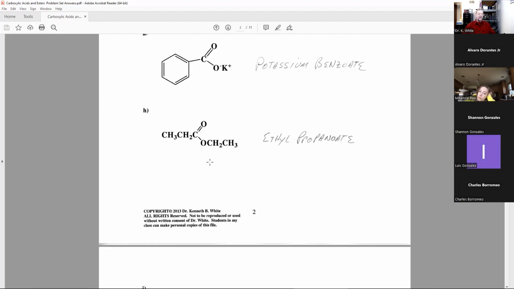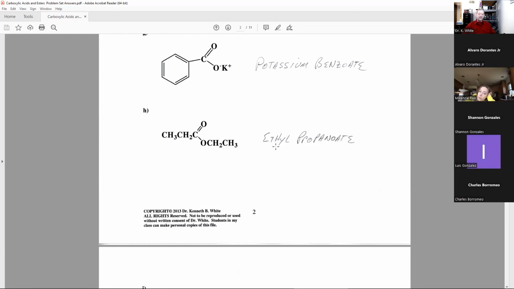Now, H is an ester. Esters: carbonyl, oxygen with R prime, and the carbonyl has carbons R. Name the R prime as the alkyl group it is in front.